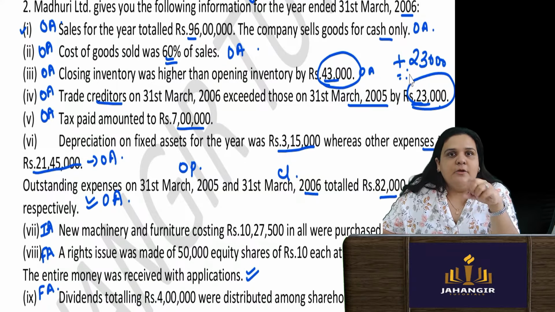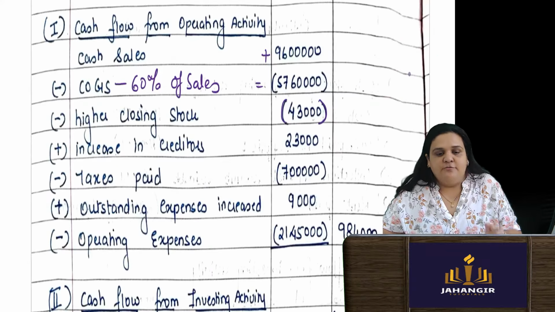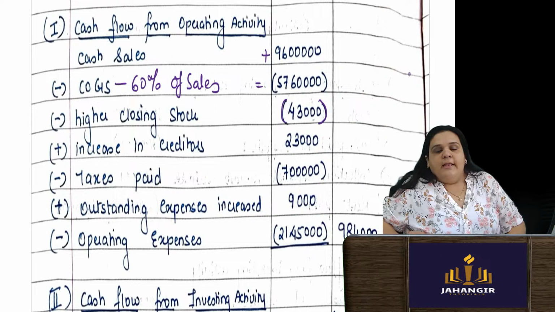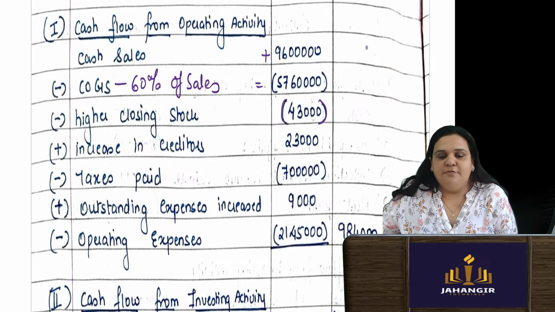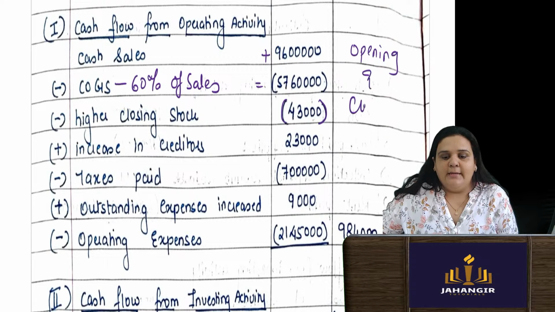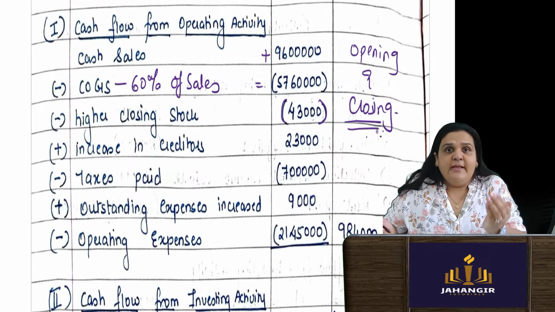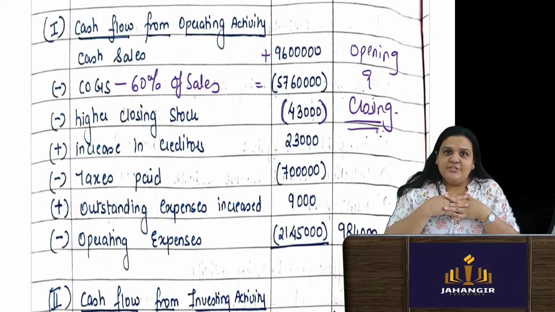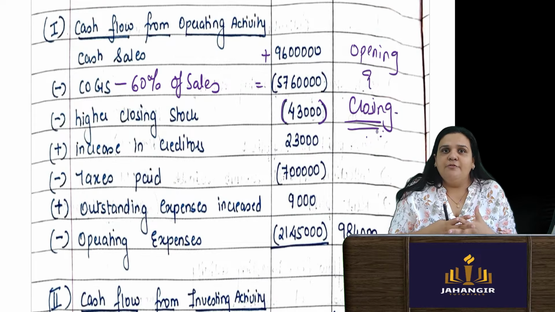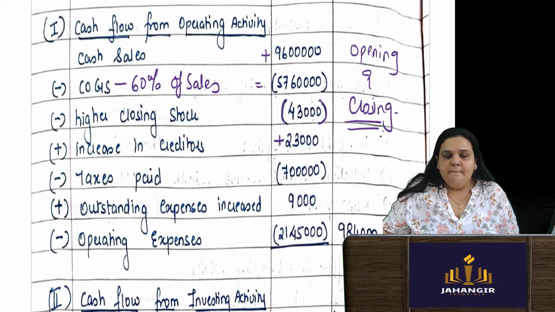There is no money going out because we have taken cost of goods sold over here. The other things are given to us in the form of opening and closing. We will have to analyze how much cash has got blocked, coming in or going out. So if my creditors have increased, that means cash is staying with me. I have not taken it out from my pocket. If creditors have increased, cash is with me. Therefore, I will add it.